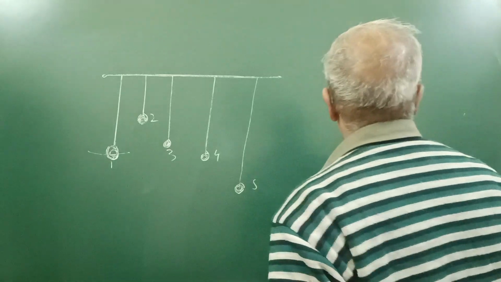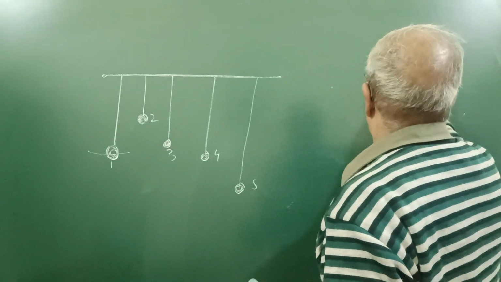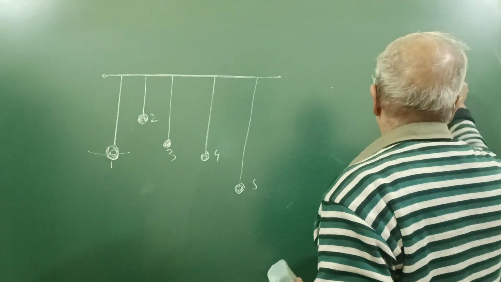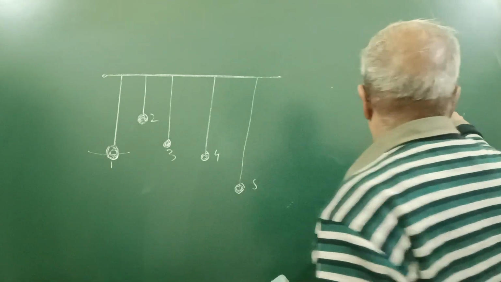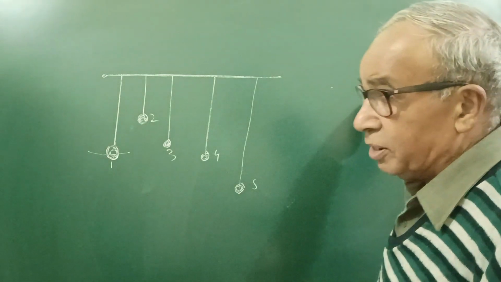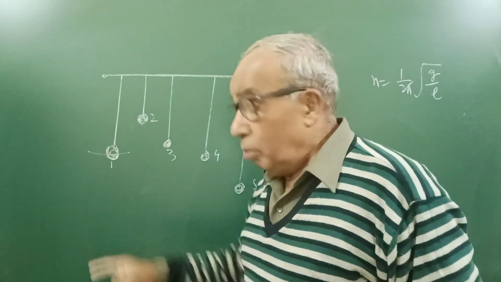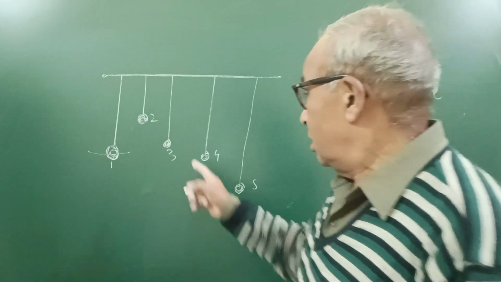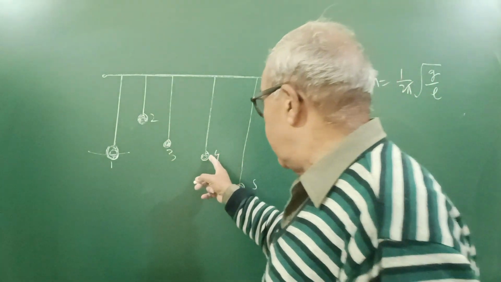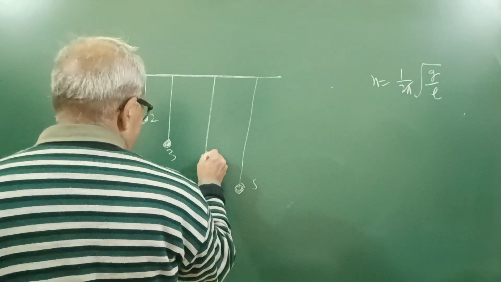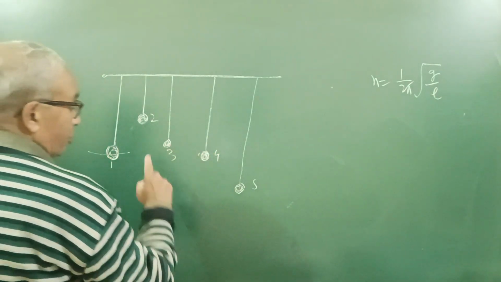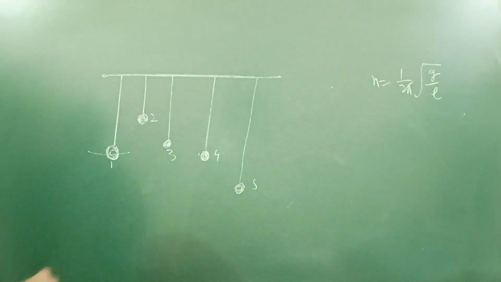because their frequency will be determined by the formula 1 upon 2 pi under root g by L. Longer the length, smaller the frequency. So pendulum 2 will have the highest frequency, then lower than this will have the same length, again the same frequency, again lower frequency.